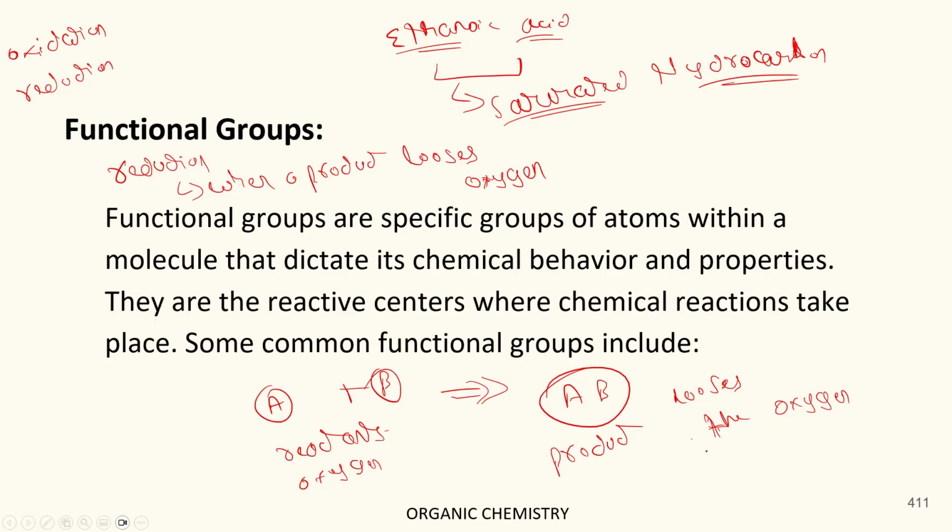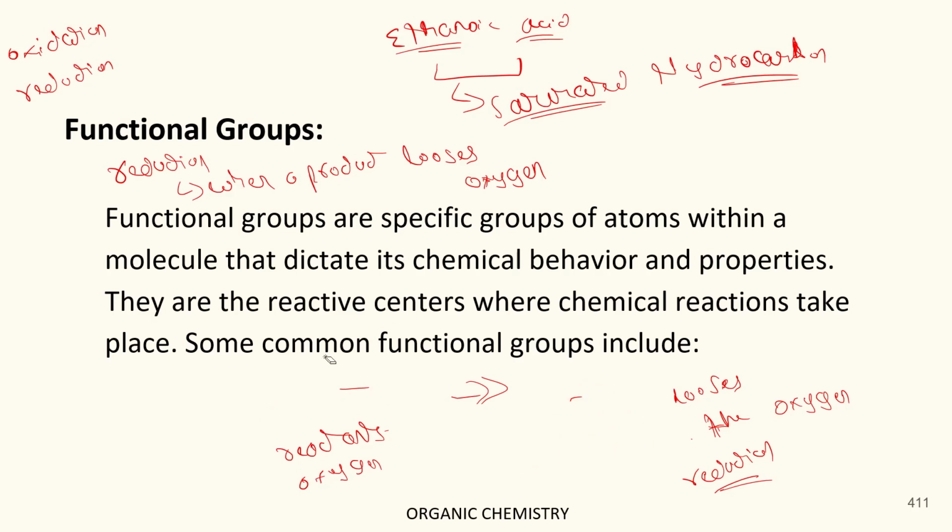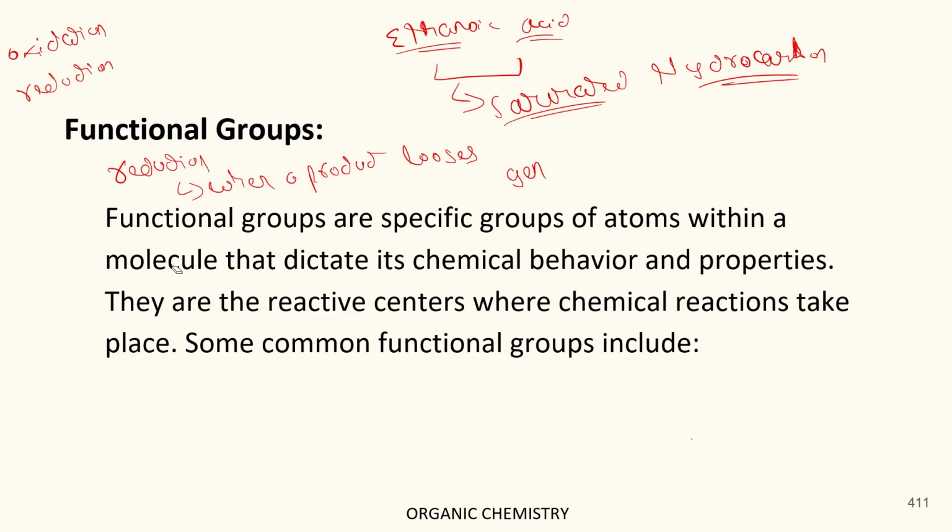So it is a part of a reduction reaction. Here they are gaining the oxygen, here they are losing the oxygen. So it is a reduction reaction. Got it? So basically ethanoic acid is related with the oxidation part of saturated hydrocarbon.